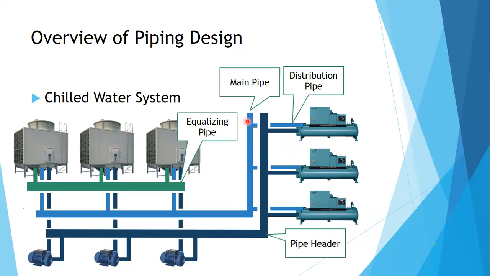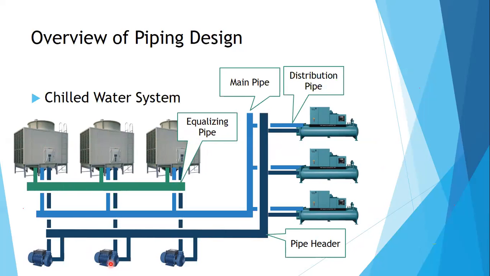On the cooling tower side, aside from your distribution pipe, headers, and your main pipe, you have one more pipe, the equalizing pipe. This equalizing pipe is a piping connection between cooling towers to ensure that the water level for all cooling towers is equal.